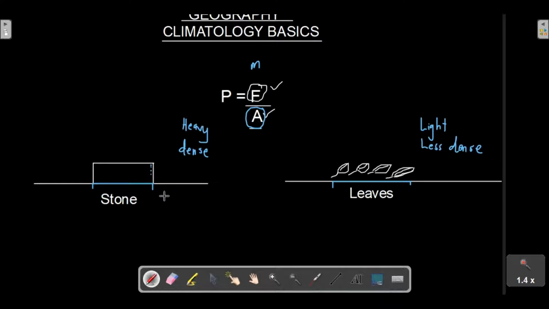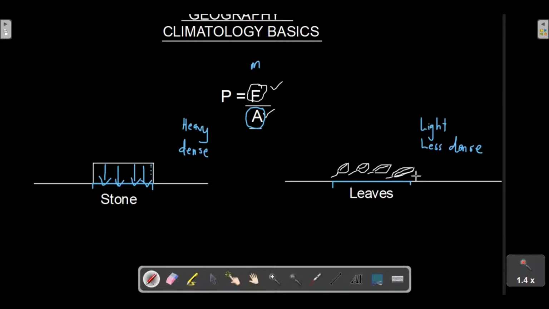Of course, guys, it has to be the stone. Because it is heavy and dense, it applies a lot of force onto the ground. Remember that we've kept the surface area of both objects constant, so now it only depends on the force.